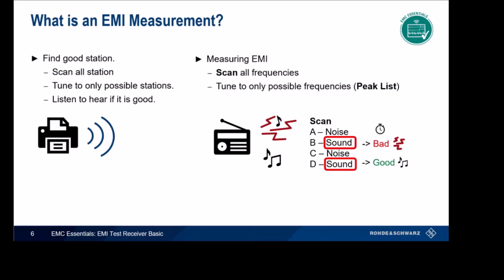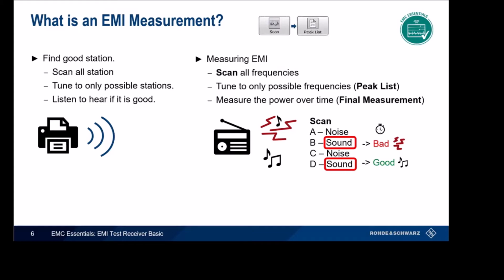The last step, again, is to listen or measure the power over a longer period of time to know for sure that it's causing an interference. Since this is the last or final step, we'll refer to this as a final measurement. So going over those again, we would do a scan, a peak list, and a final measurement.